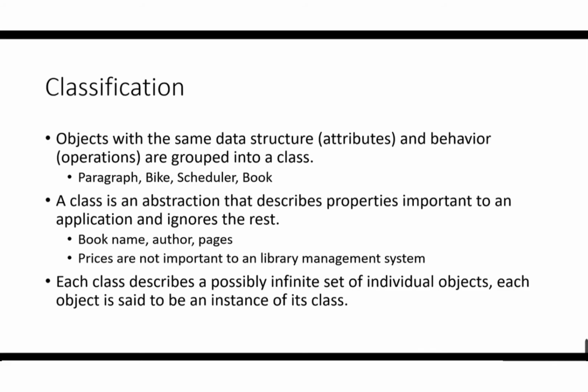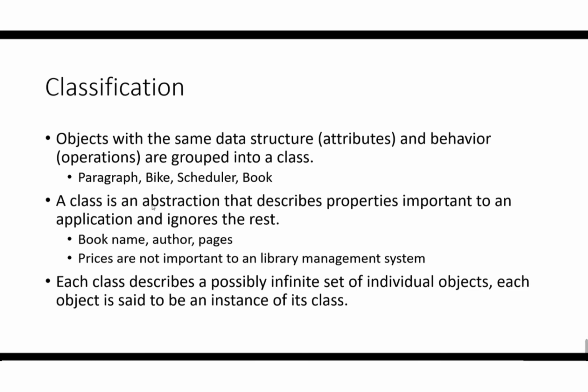Although we may develop software to manage sharing bags, and there are many bags, we can group the different bags into the same class called bag. And if we develop software for a library, we can group the books into the same class called book.